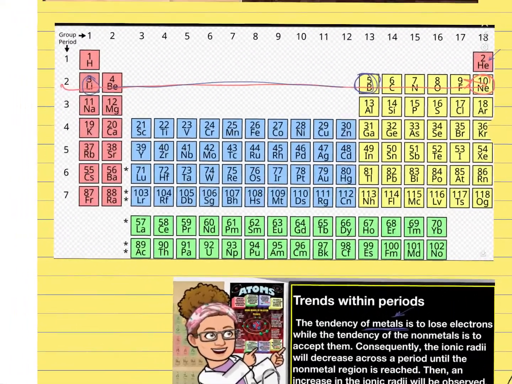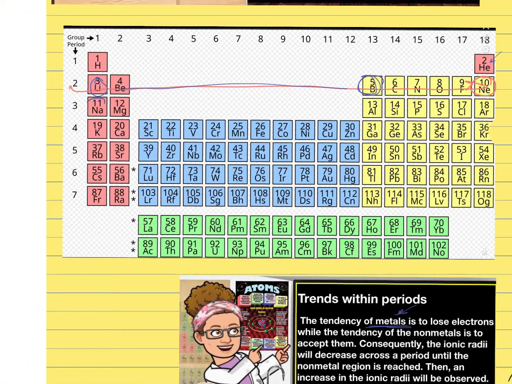Because if you look over here on the periodic table, sodium is going to lose 1 electron. Magnesium is going to lose 2 electrons. But if you move over here to aluminum, which is a metal, it's going to lose 3 electrons. See that? So the more that you move from left to right within the metals, the smaller the ionic radius becomes, because the metals are losing more electrons.